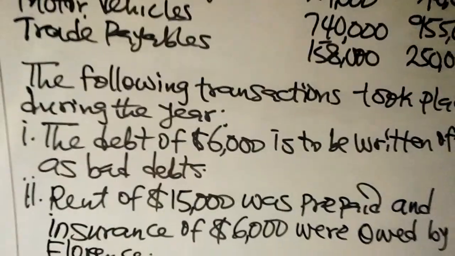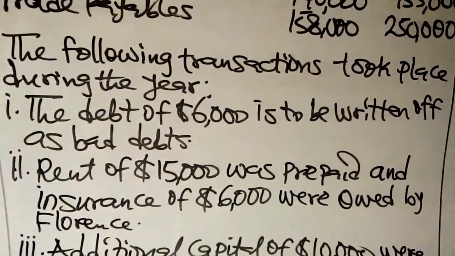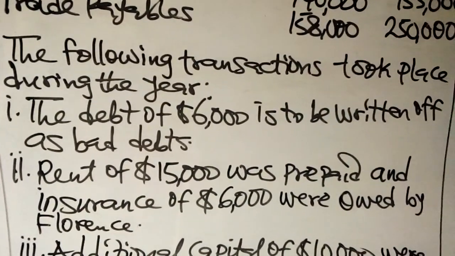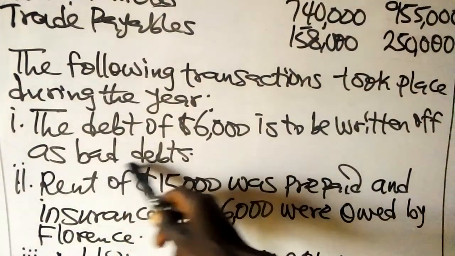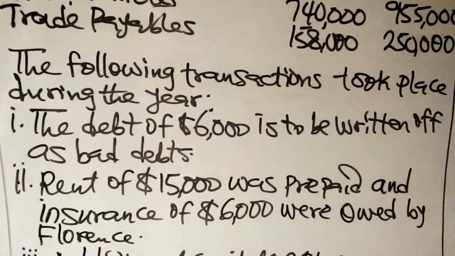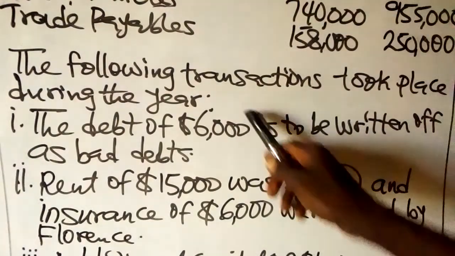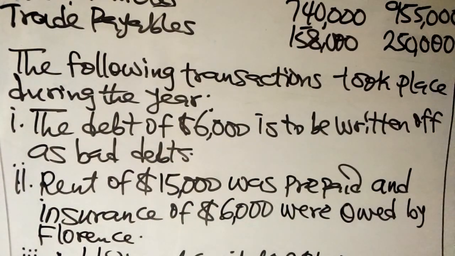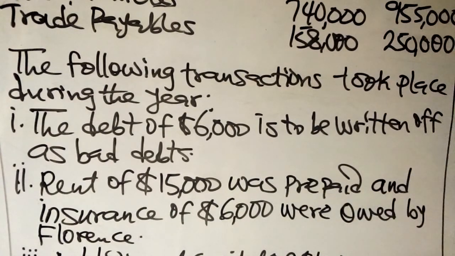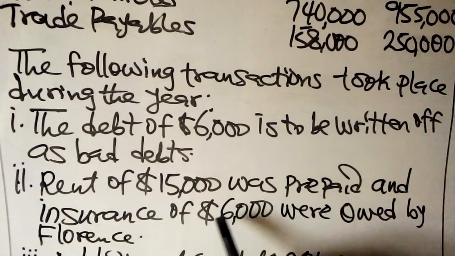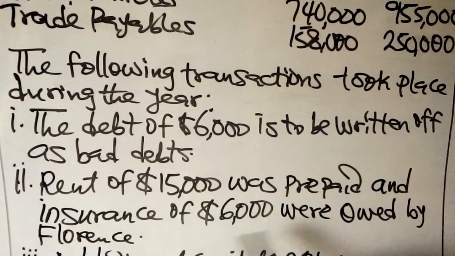Then the following transactions took place during the year. One, a debt of $6,000 is to be written off as bad debts. Two, rent of $50,000 was prepaid, and insurance of $6,000 was owed by Florence.